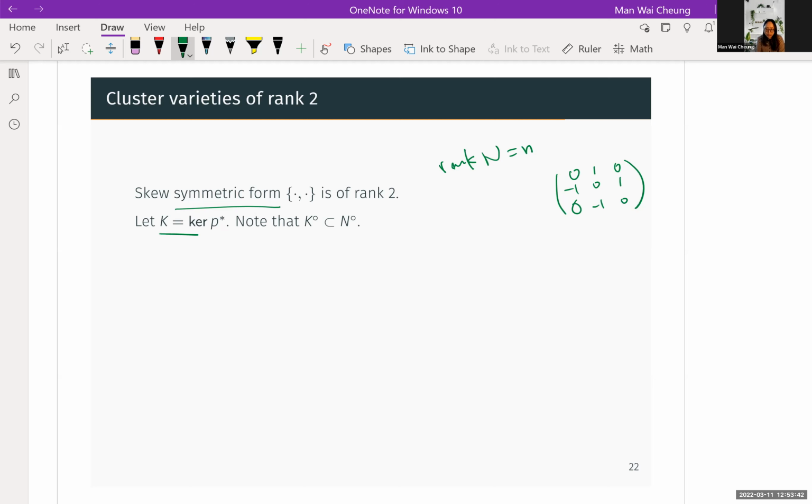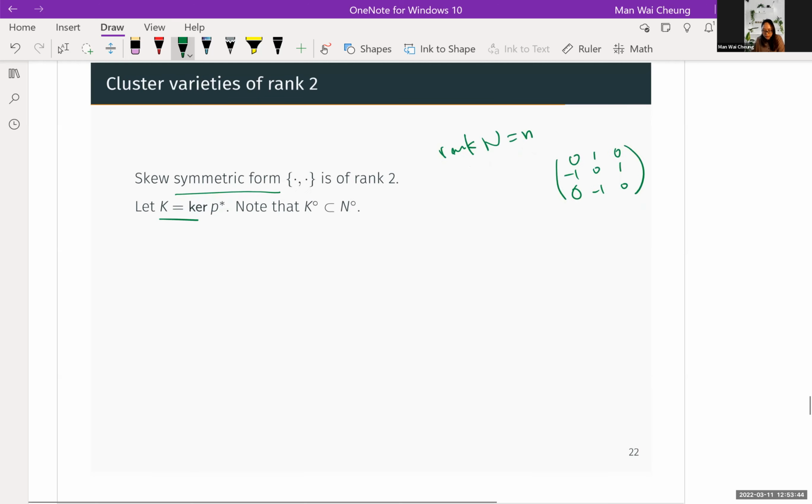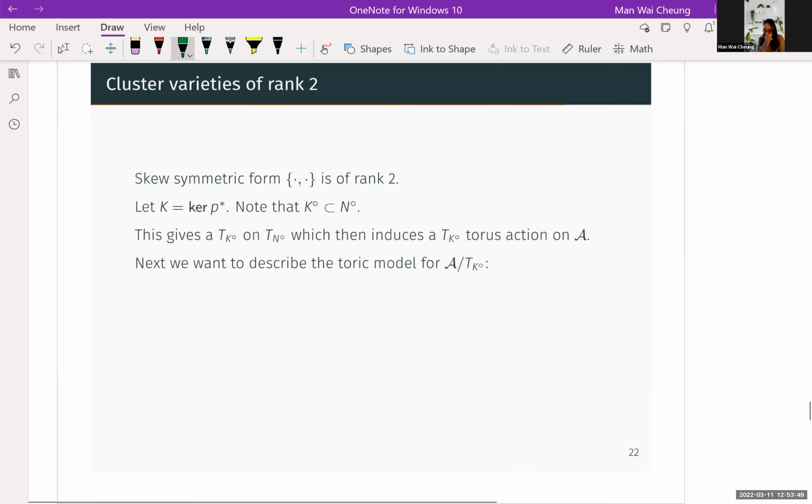So we have the kernel, which lies inside the original lattice, and this kernel will give us a torus action on the T_N set. And then this torus action will commute with the mutation, meaning it commutes with the mutation gluing, so that it induces a torus action on our A cluster variety.